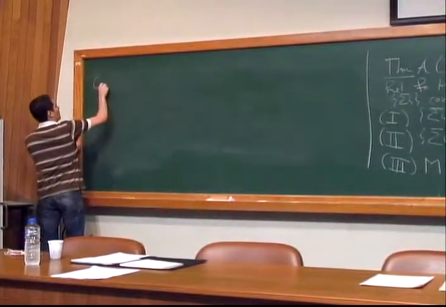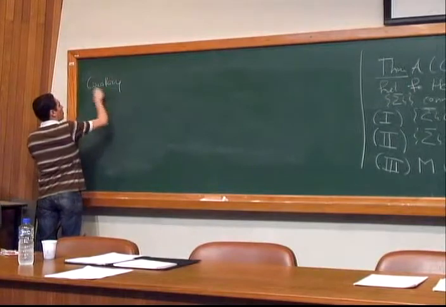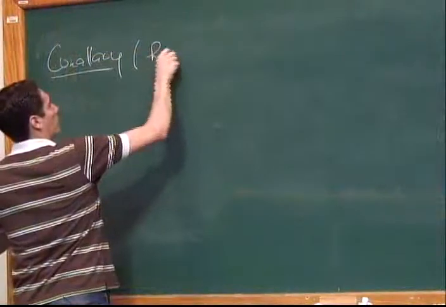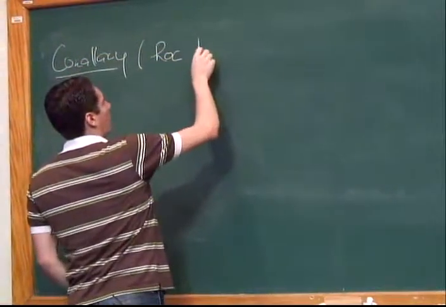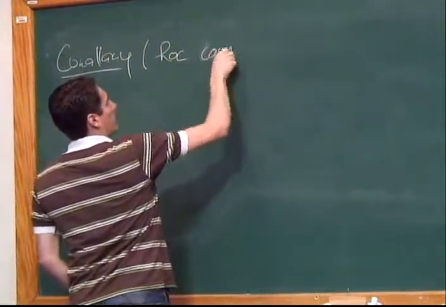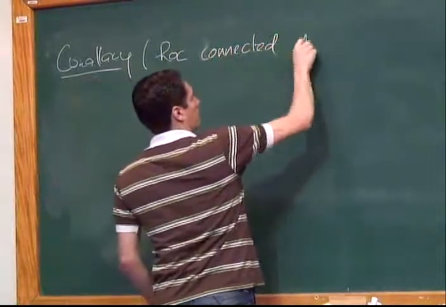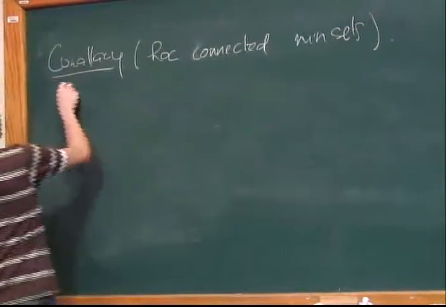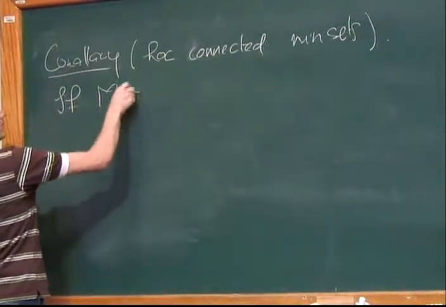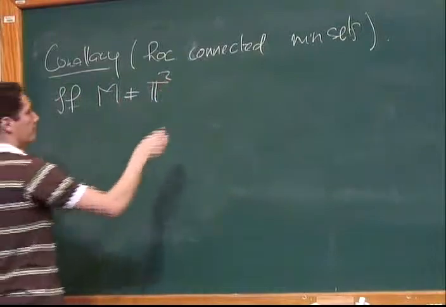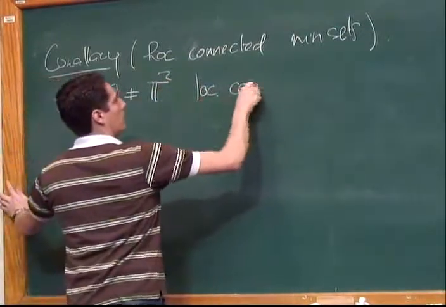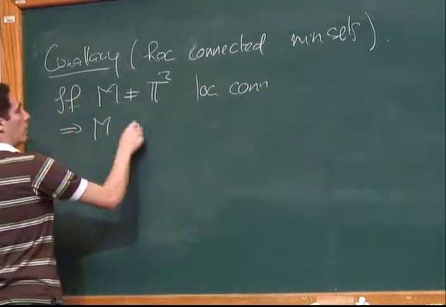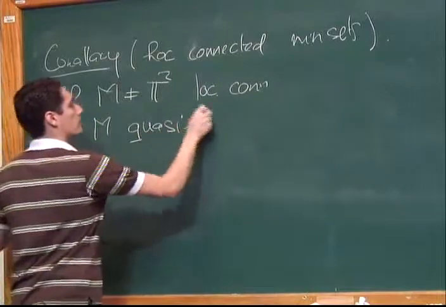Okay, so what if we require the minimal set to be nice topologically? That's measured, I guess, by locally connectedness. If your minimal set is locally connected, there's basically roughly only one type. Then that means that M is a quasi-Sierpinski carpet, as I call it. It's almost a Sierpinski carpet.